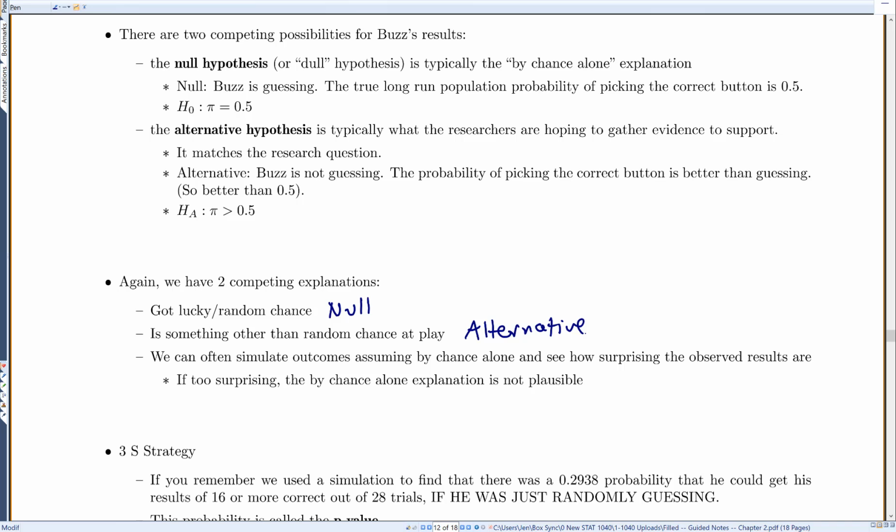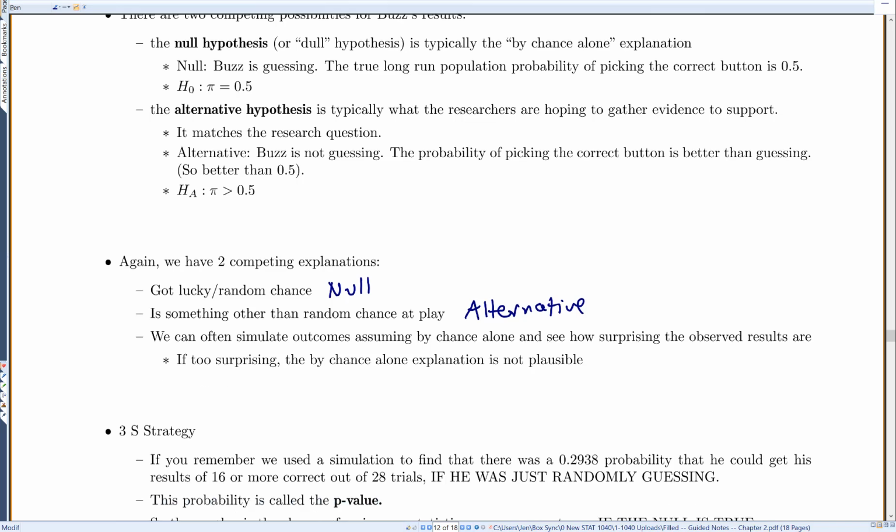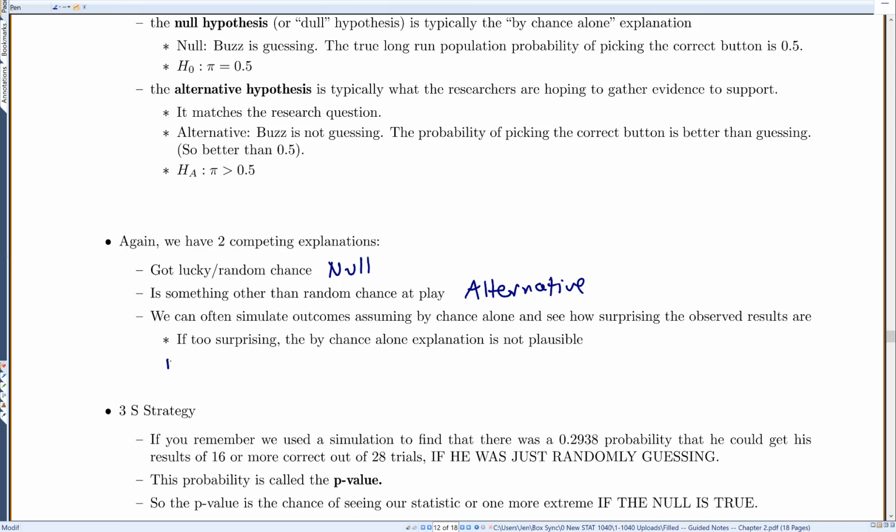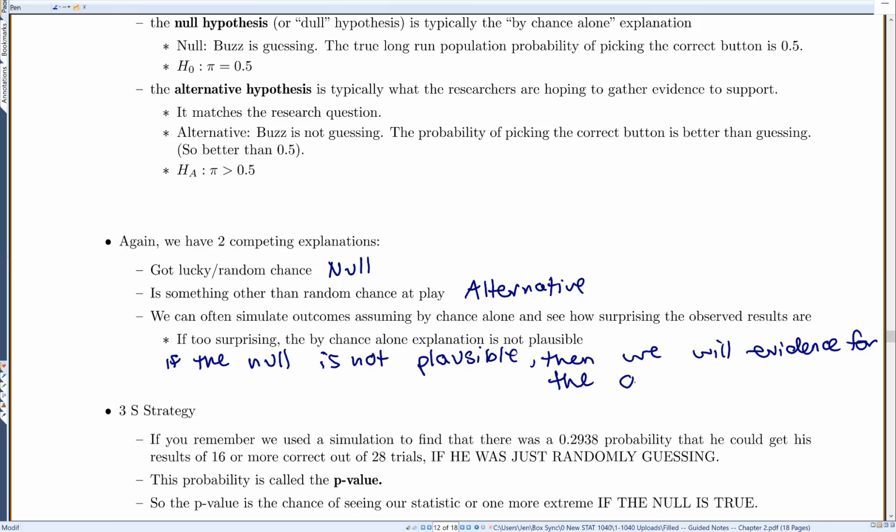If they're too surprising, then the by chance alone, the null, is not plausible, and then we'll have evidence for our alternative.